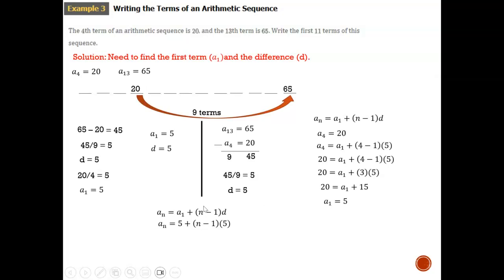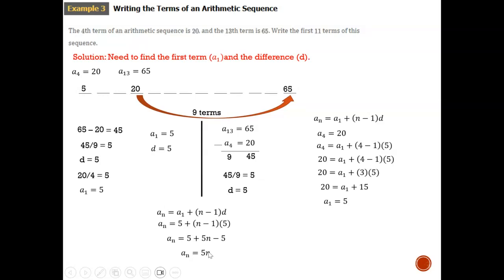Okay, so I'm going to plug in 5 for A1 and 5 for the difference. Now, on the distribution, it's going to give us An equals 5 plus 5n minus 5. So 5 minus 5 will be 0, and my answer will be just An equals 5n. Now, to find the first term, we plug in 1 where the n is.